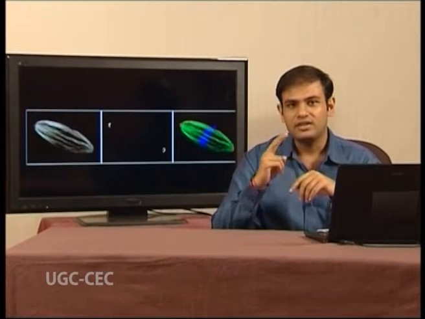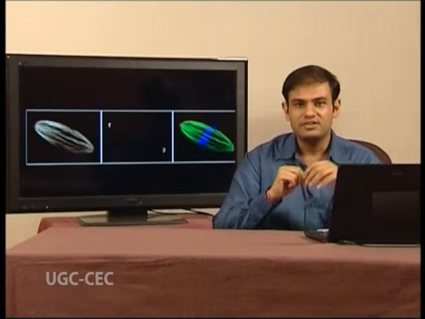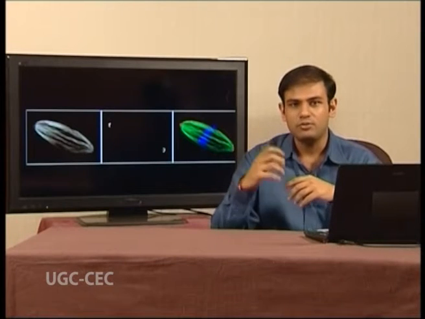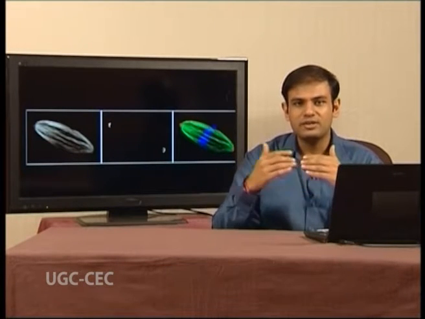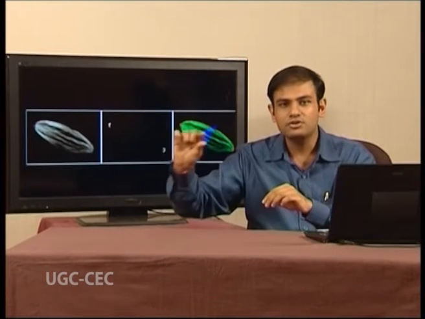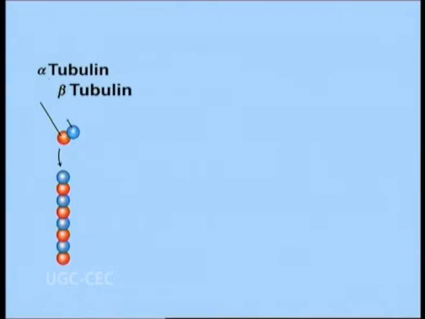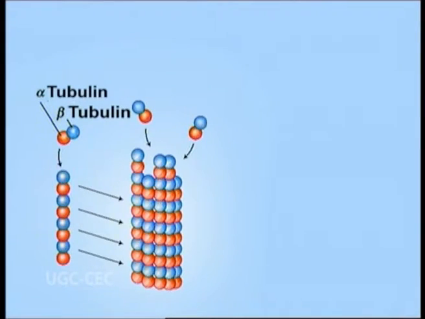The microtubule is made out of tubulin that consists of two basic units, which are the alpha tubulin and the beta tubulin. The alpha tubulin and the beta tubulin are arranged in an alternate form to form a longitudinal protofilament. In a microtubule, there are not only longitudinal interactions, but also lateral interactions, which are responsible for tubular formation.